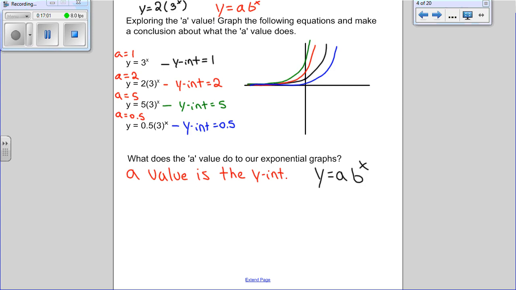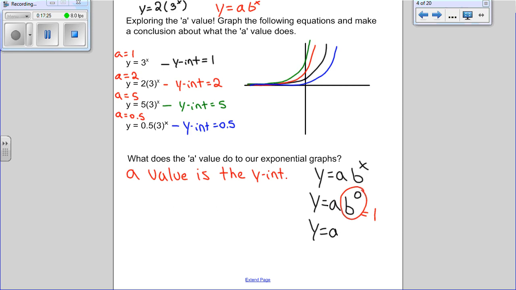So if we want to calculate this, let's change x to be 0. What's anything to the power of 0 going to equal? It'll equal 1. So that means the y-intercept would be at a times 1, which is just a.